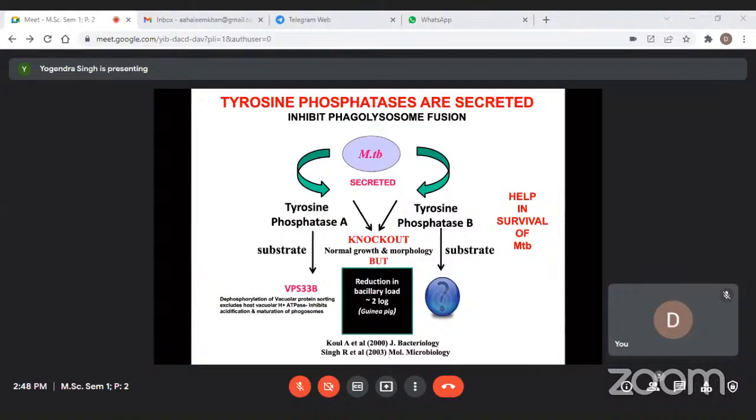It will modify the pathway, so it will not end up in the lysosome, or the lysosome will not get acidified, so the bacteria will be able to survive. So you can imagine the power of the phosphorylation and modification, how our innate system uses it, and now we understand it better, what are the ways they manage to survive in our cells.